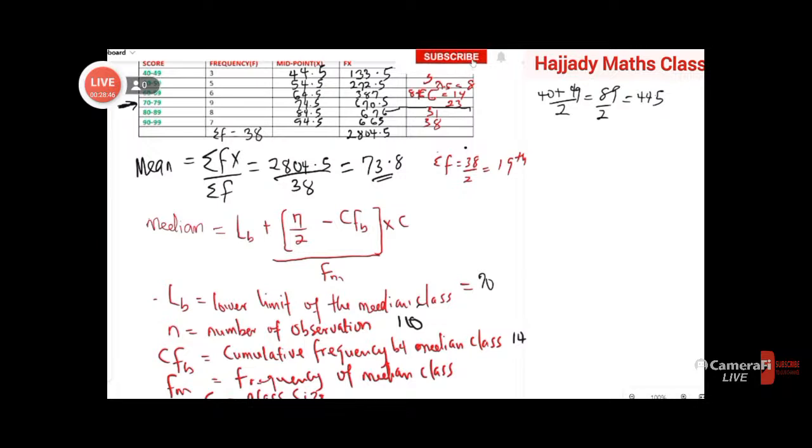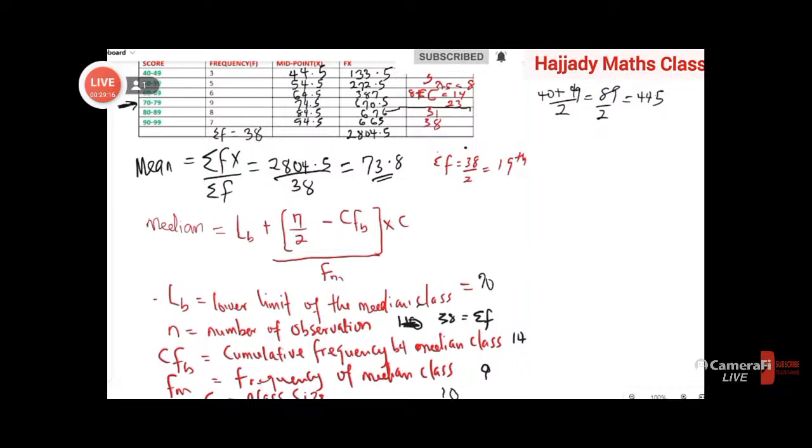Since this is the median class, the frequency of the median class is 9, while our class size is 10. Oh, sorry. Our number of observations cannot be 10, that is a mistake on my part. It's 38. Our number of observations is the same thing as summation F.